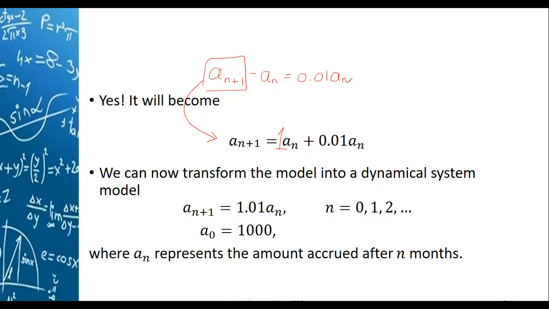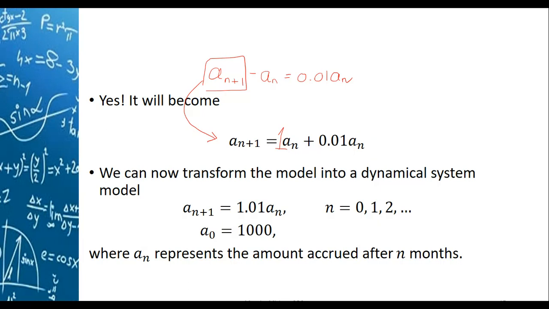Okay, so now you have only a solution where you have what we call a constant, all right? And then you have two separate states, the future state and the present state. And then by the end of the day, you have a naught. a naught is your initial state or initial value.